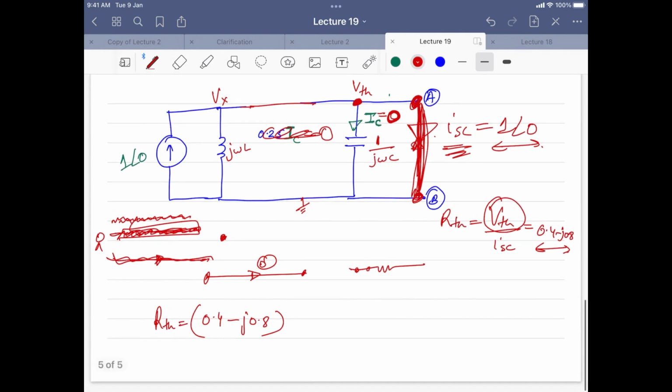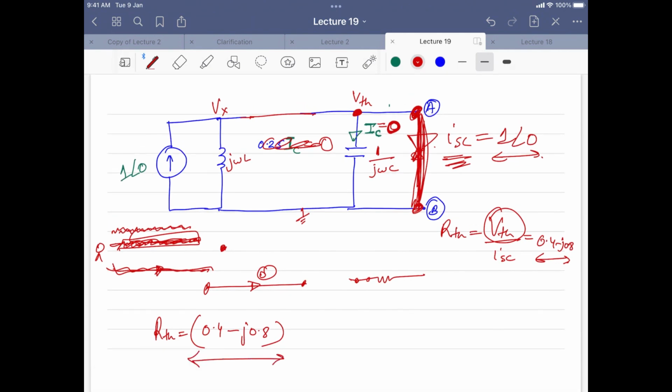Okay, so now since you have this resistance which is given like this, can anyone tell me what components are available here? If I say you have 0.4 minus j0.8, can you tell me out of R, L and C which components are available here? R and C. Why R and C?